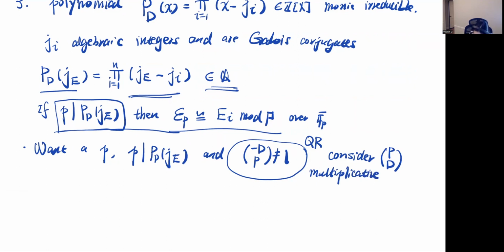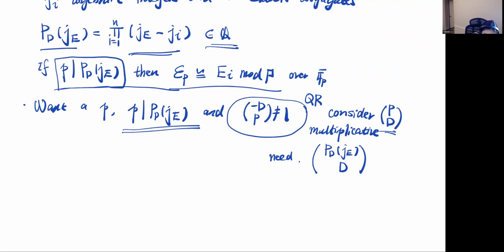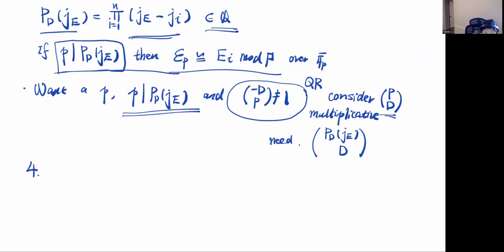If I want to assert this for some P dividing the numerator of J(E), it might be enough for me to know what the numerator of J(E) over D is like. So I need to know this information. Okay, so how do we do this? That's exactly the next step.